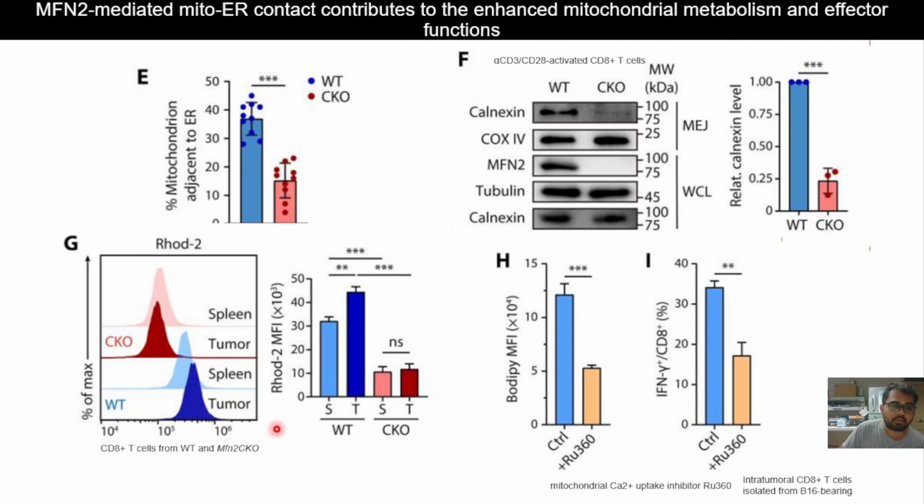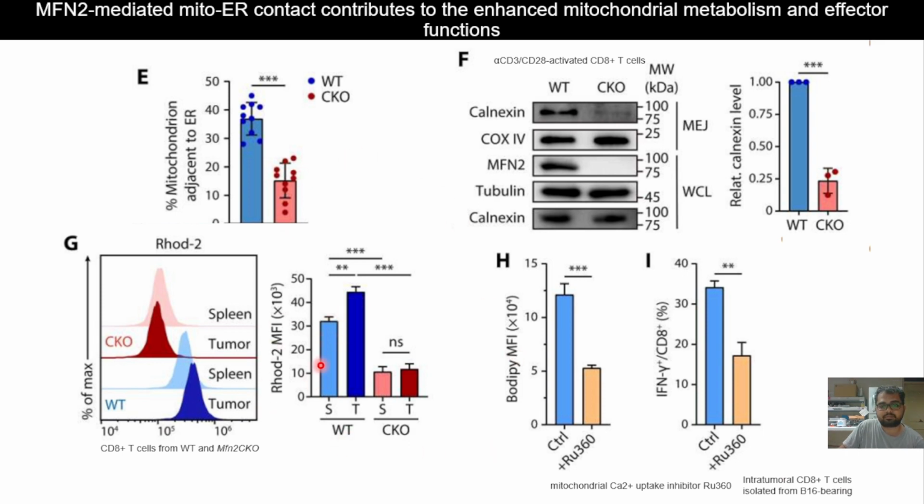What they found is, here is spleen, the total Rhod accumulation, which indirectly suggests the calcium accumulation. In the knockout tumor, it is very much less compared to the wild type. Even in the wild type spleen and both tumors, the total calcium uptake is decreased in the knockout compared to the wild type, which is quantitated here.